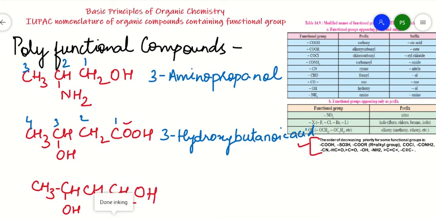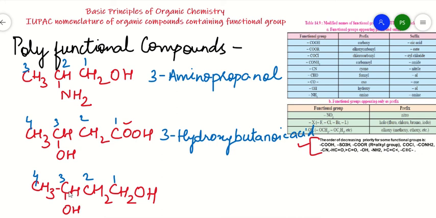How would we give the name to the compound now? Now children, you see, let's count the carbon atoms. This is 1, this is 2, this is 3, this is 4. On the first and on the third carbon atom there is OH.